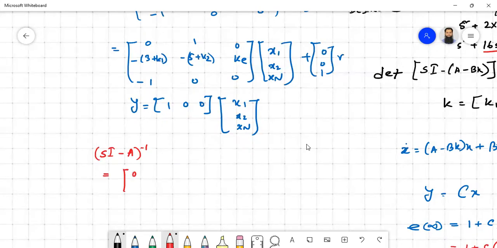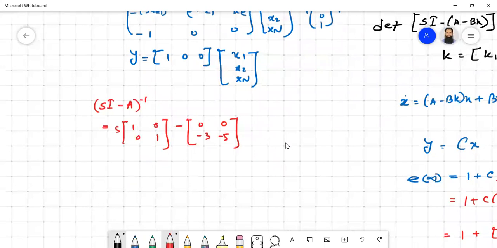So it will be something like this: 0, 1, 0, 0, 1 s minus 0, 0, minus 3, minus 5. So just do a bit of tweaking, and then you're going to see that your system will have a characteristic equation like this: one by.